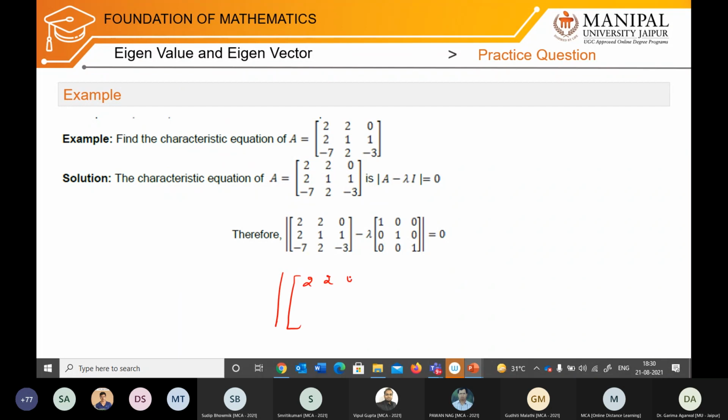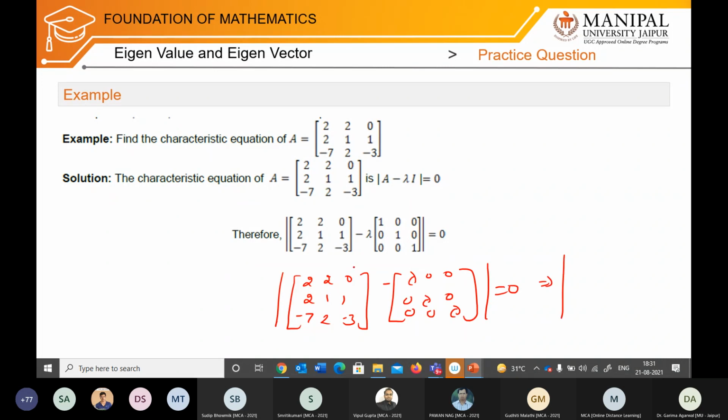Let me write here. Then 2 minus lambda, 2, 0; 2, 1 minus lambda, 1; minus 7, 2, minus 3 minus lambda, right?